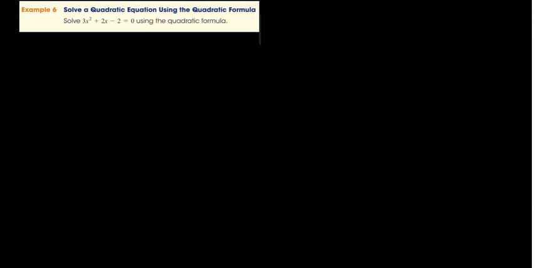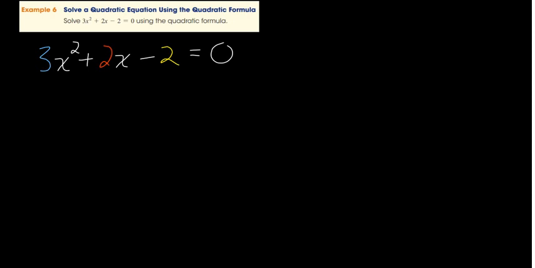Okay, and let's do this. Maybe I'll color coordinate. I'll go blue, red, yellow. So we'll say 3x squared plus 2x minus 2 is equal to 0. Okay, now bear with me.